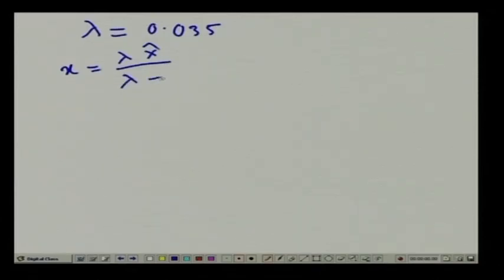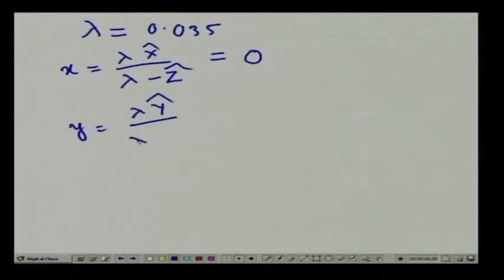So, if I apply the perspective transformation and if I assume that the focal length of the camera is say 0.035, then we obtain the image coordinates as x equal to lambda x hat divided by lambda minus z hat, which will be in this case of course 0, and y equal to lambda y hat divided by lambda minus z hat, which if you compute, this will come as minus 0.0099.